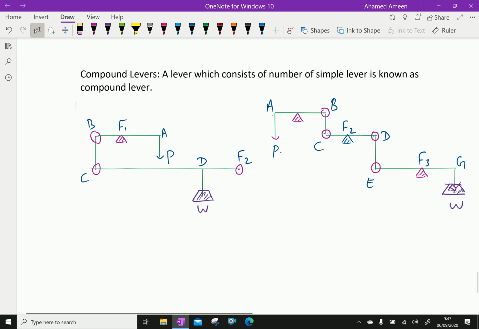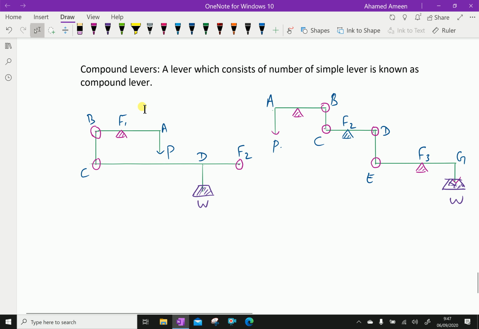Now let us discuss compound levers. A lever which consists of a number of simple levers is known as a compound lever. Look at this. There is more than one fulcrum, connected with connecting rods and hinges.